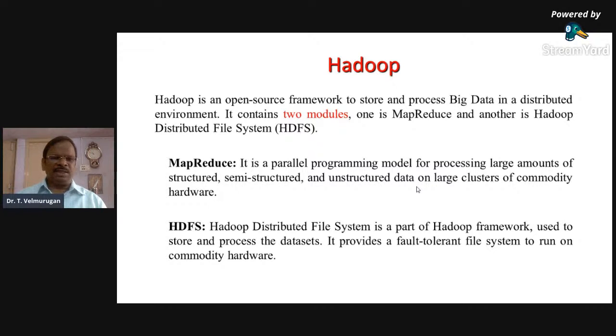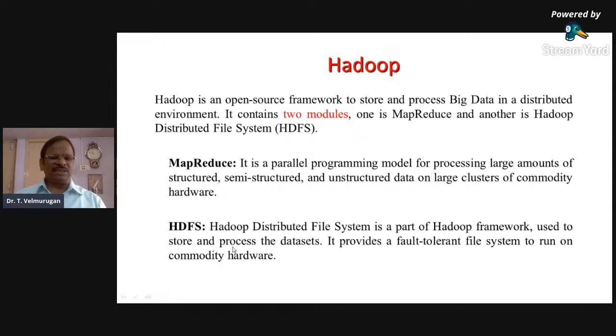The parallel programming model of MapReduce reduces the availability of the data, so only some kinds of information are extracted.